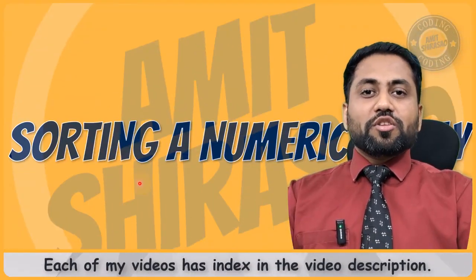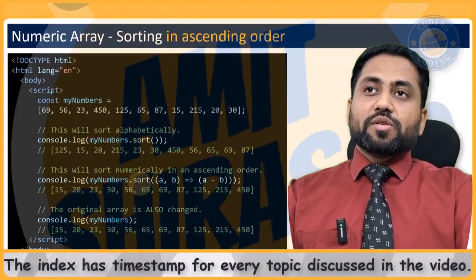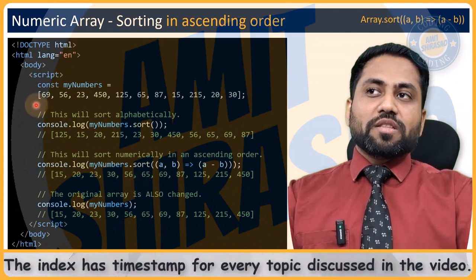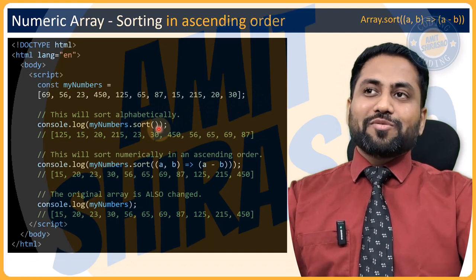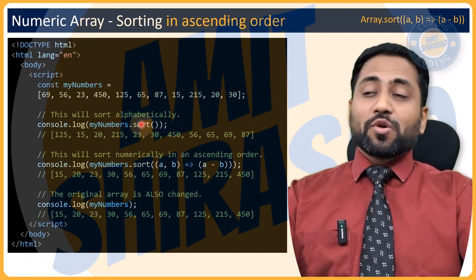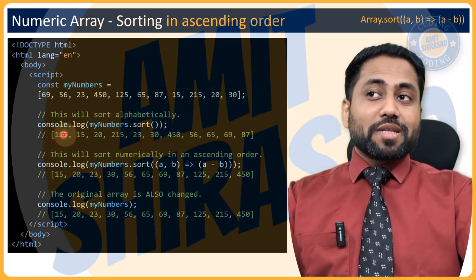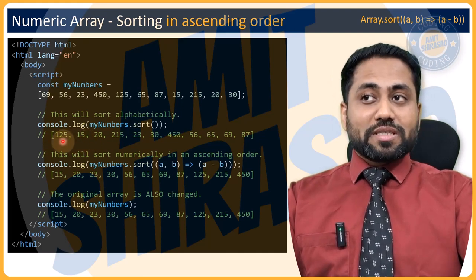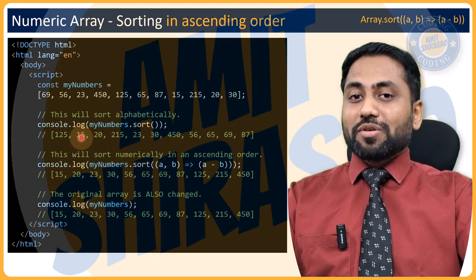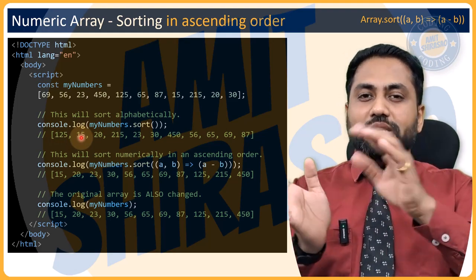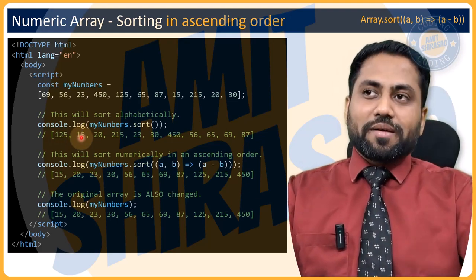Then sorting of a numeric array. Okay, so when you say this is my numeric array, and if you want to sort it using dot sort, then it will be sorted alphabetically. So it will say that 1, after that comes 2. So this is smaller than 1 and 5, because 5 is bigger than 2. Bigger means alphabetically it is farther away.